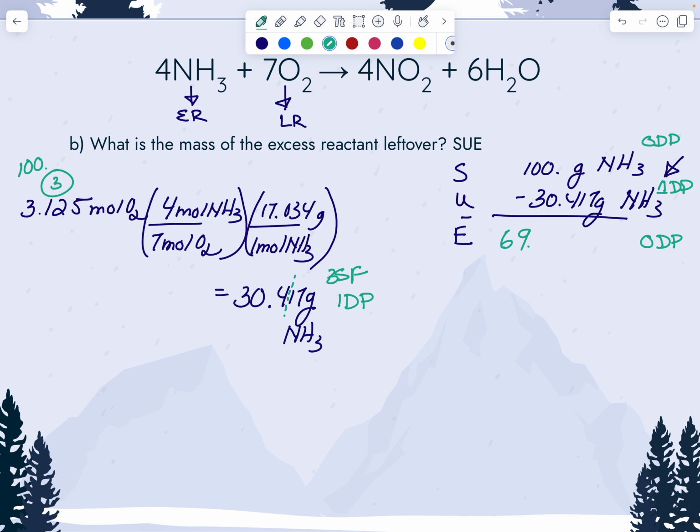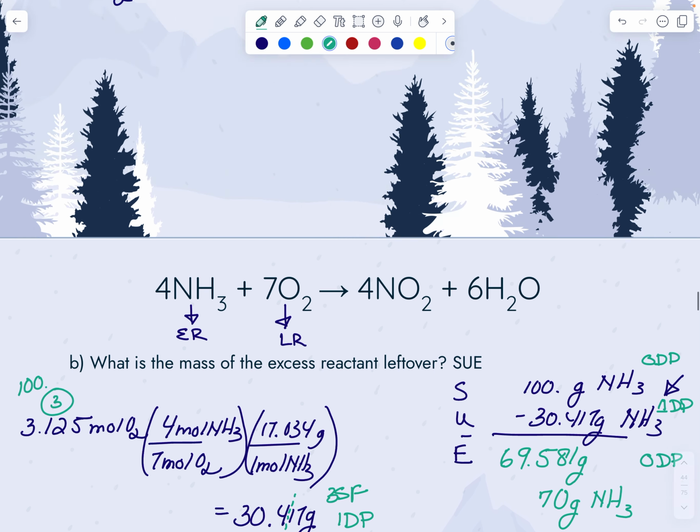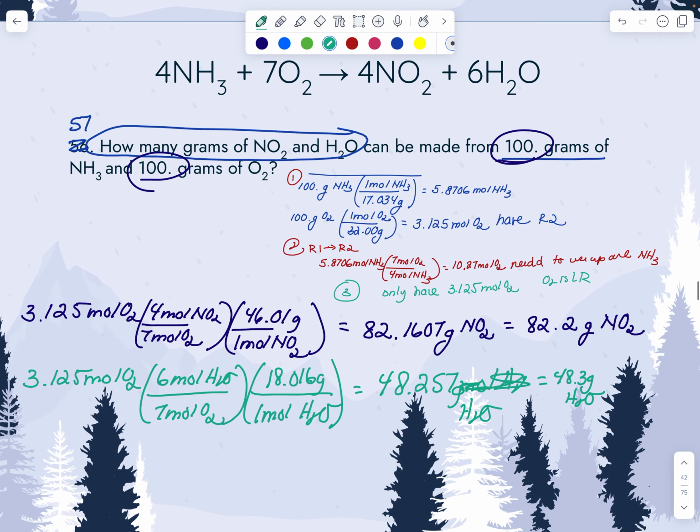I would get 69.581 grams, and then 0 decimal places would be 70 grams of ammonia left over. I start with 100 grams, I use about 30, I have 70 grams left over. If I go back to think about what this problem started with, I started with 100 grams of ammonia and 100 grams of oxygen.